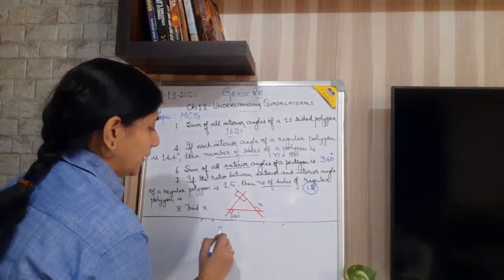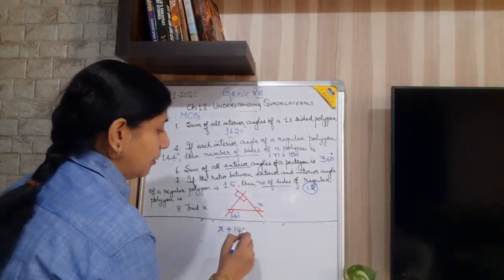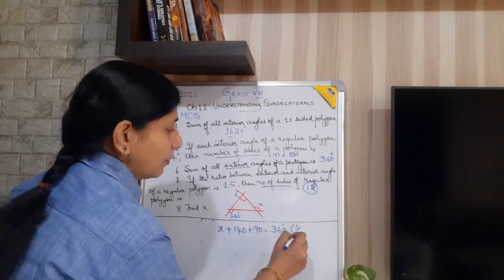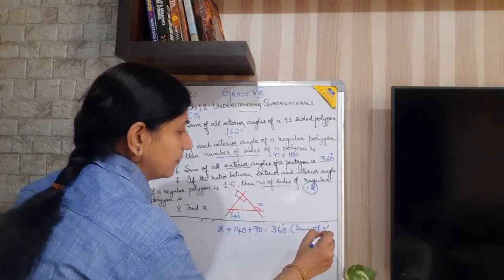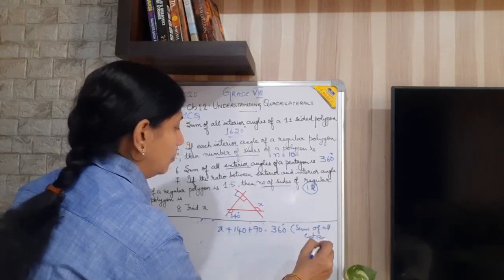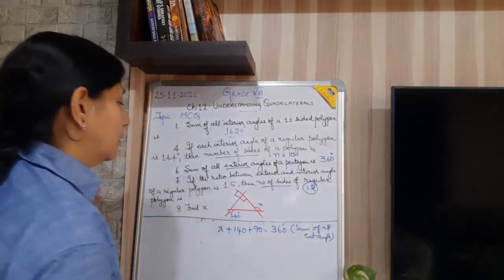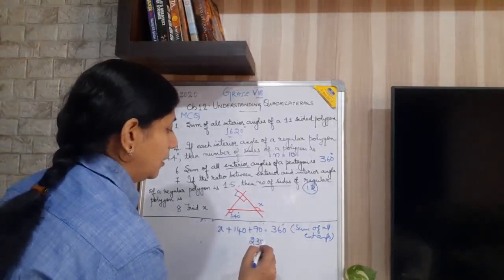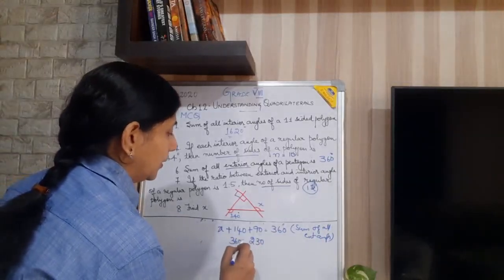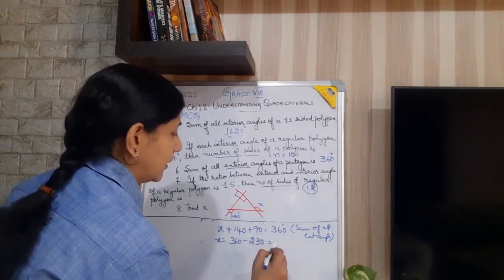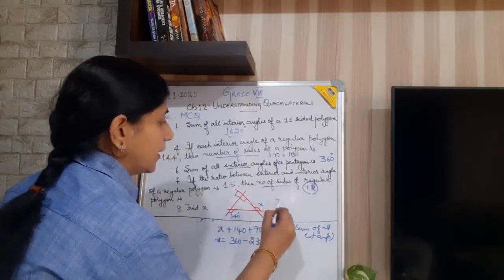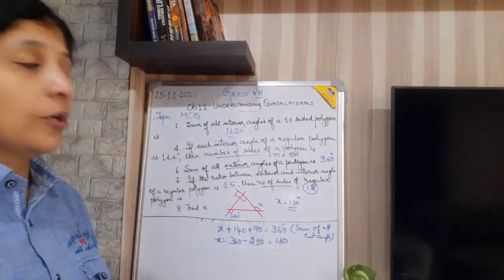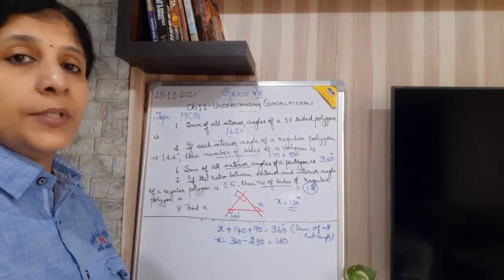So x plus 140 plus 90 will give you 360, because the sum of all exterior angles is 360. So 140 plus 90 is 230, and 360 minus 230 gives x equals 130. So you got x equal to 130 degree because the sum of all exterior angles equals 360.